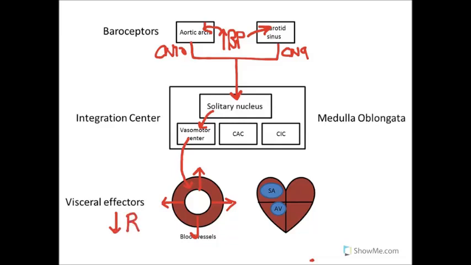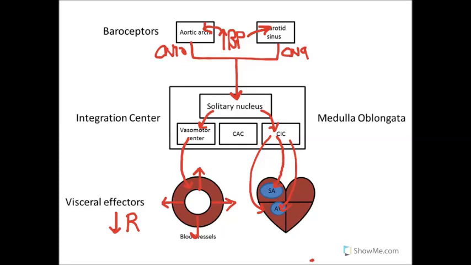Now, we don't need the cardiac acceleratory center here because our blood pressure is too high. We want to send information to the cardiac inhibitory center. And we're going to send that information to the SA node, to the AV node, and to the heart muscle.